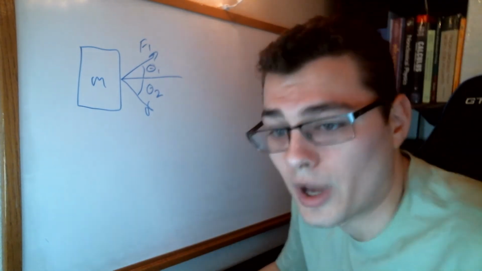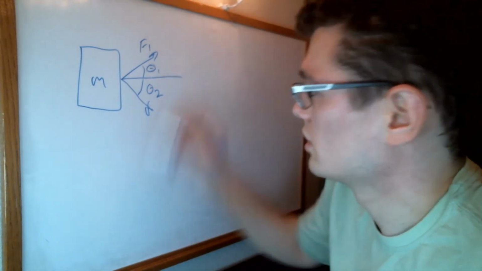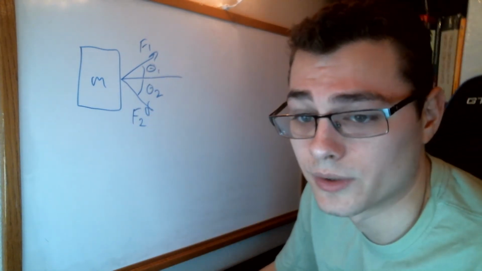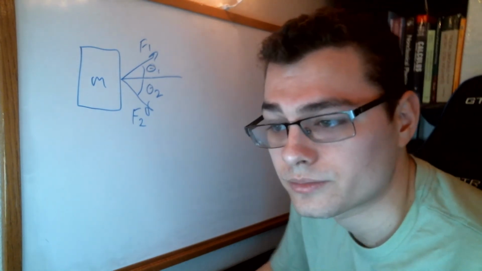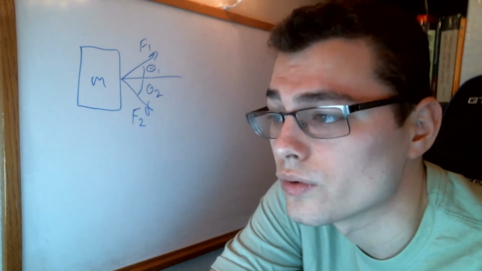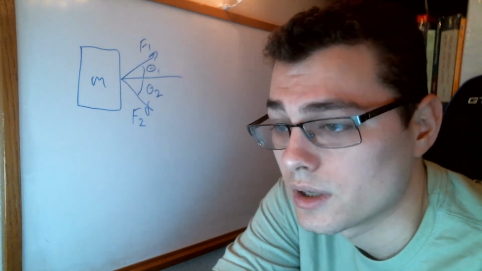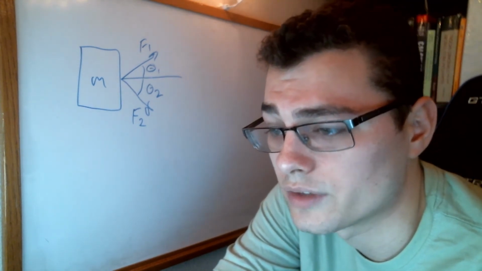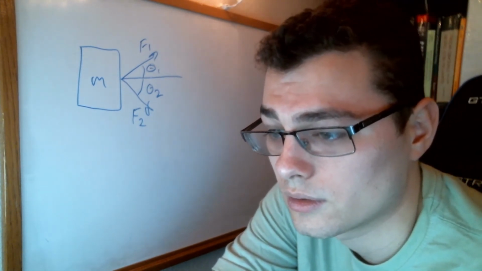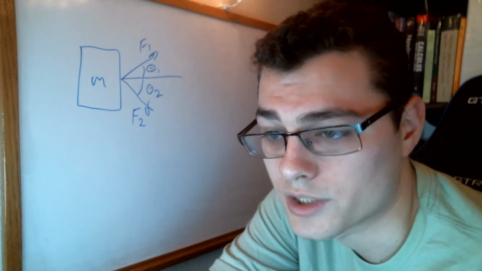So go back to the earlier part of the video, and you can break down these forces into their x and y components, and then sum them up. From there you can write out expressions for the x component of the force and the y component of the force, and then you can find the angle, just like we did before. We've already done this one, so go back and watch that part of the video first.